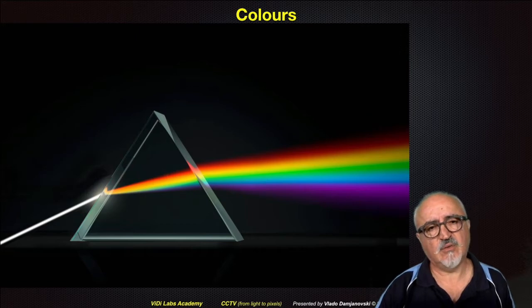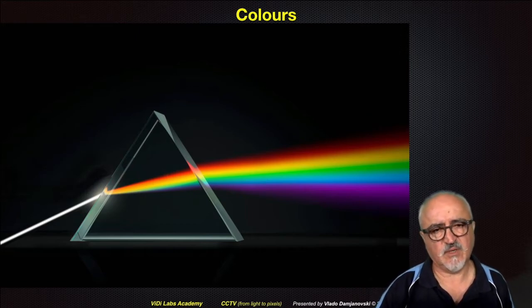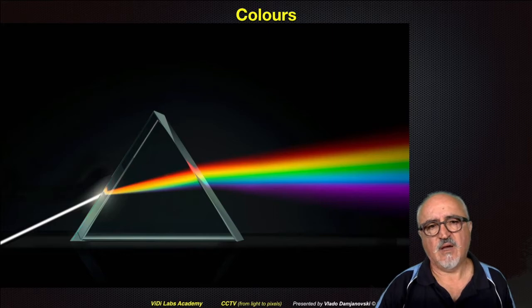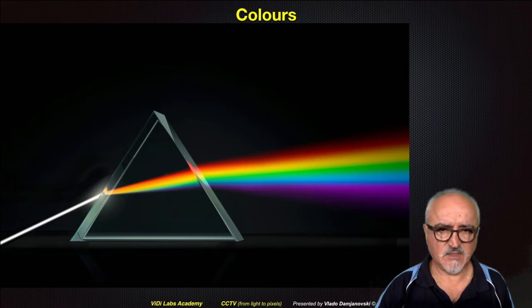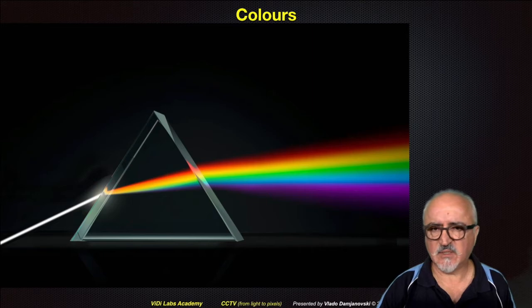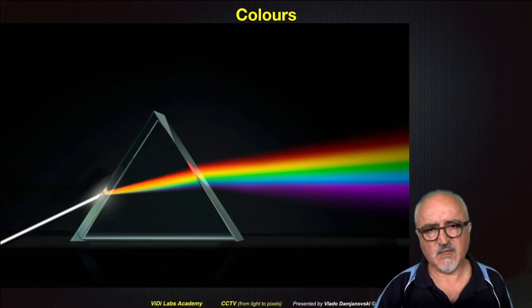So, as already explained in the previous lectures about human vision, the colors we see are actually various wavelengths of light. Our senses, the cones, are picking up certain wavelengths, and we recognize them in color, but what the cones are actually picking up is electromagnetic radiation of different wavelengths.